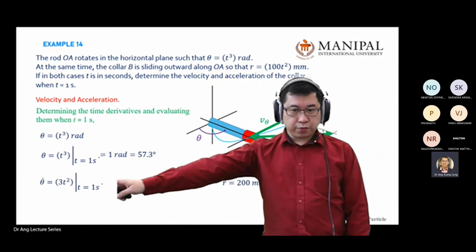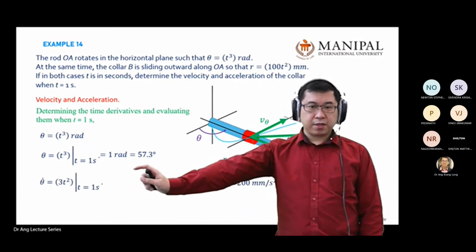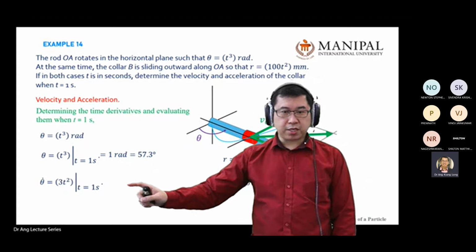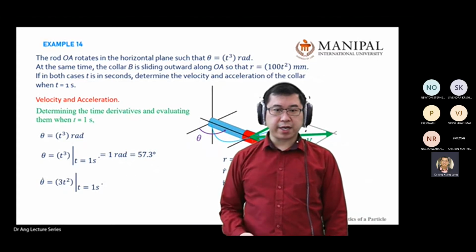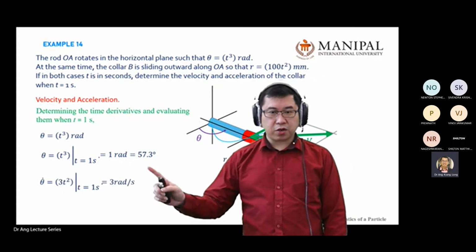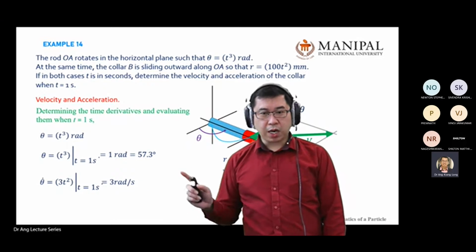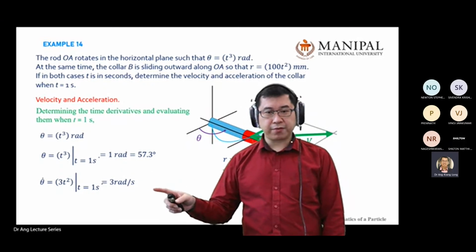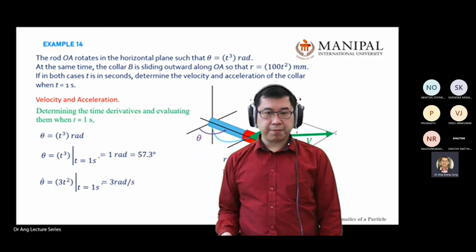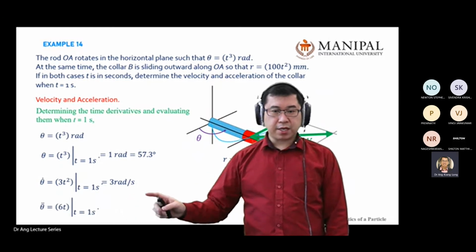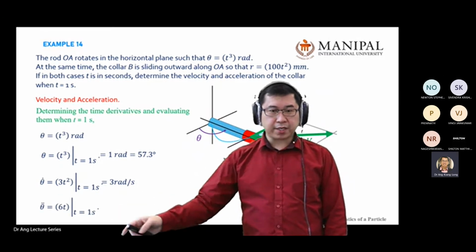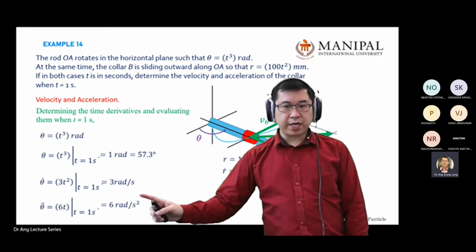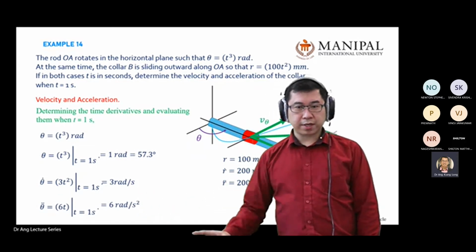So you do first derivative, theta dot, you get 3t squared, substitute 1 second there, you get 3 radian over second. You do one more time, second order derivative, you differentiate one more time, you get 6t, substitute 1 inside there, you get 6 radian over second square.